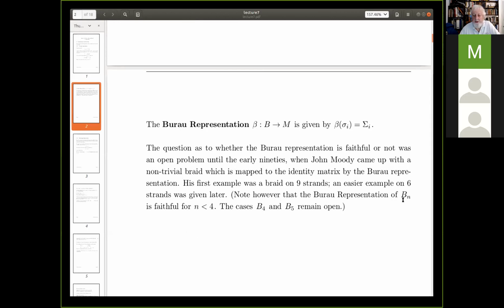The representation of Bn is faithful for n equals 1, 2, 3, but B4 and B5 remain open as far as I know. The Burau representation is interesting because it gives rise to the Alexander polynomial, and later on we'll show how that works.